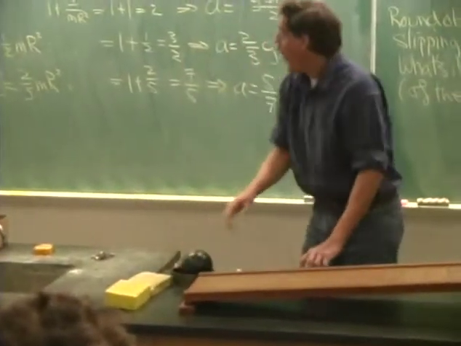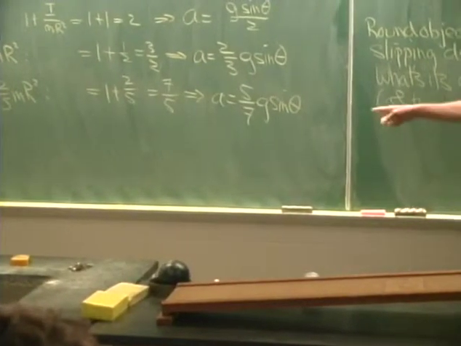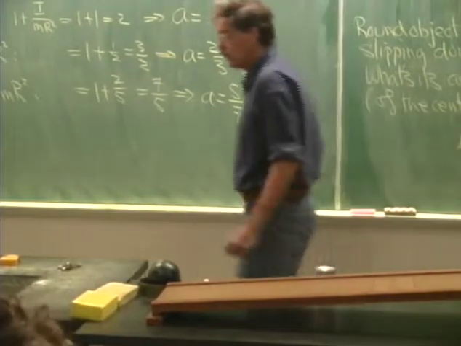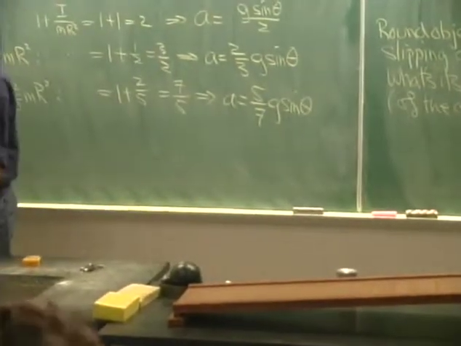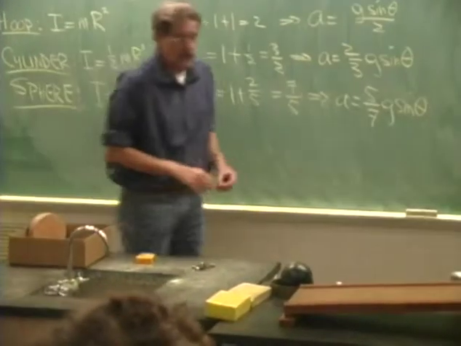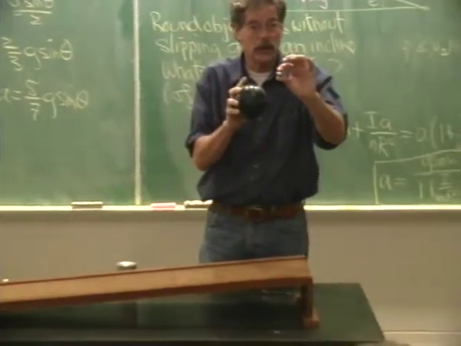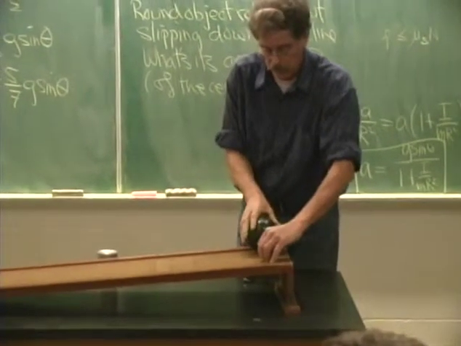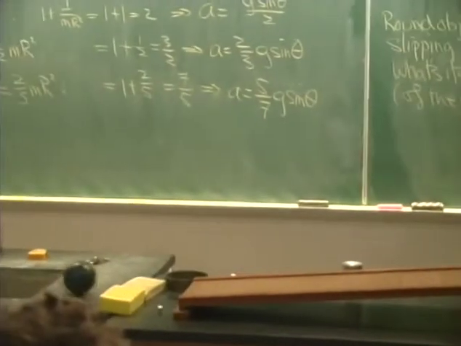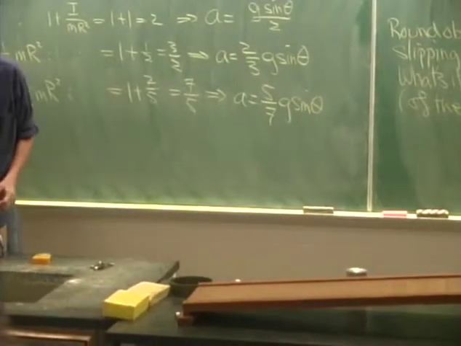It did. On the other hand, you might notice that the radii and the mass all canceled out of these things. So it shouldn't matter for an object of a given shape, the speed should be the same regardless of how big it is. So let's run two spheres against each other. It's hard for me to start these off perfectly equal. I think that kind of did it, didn't it?